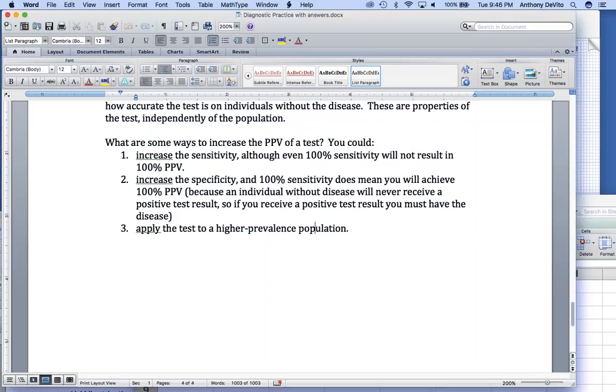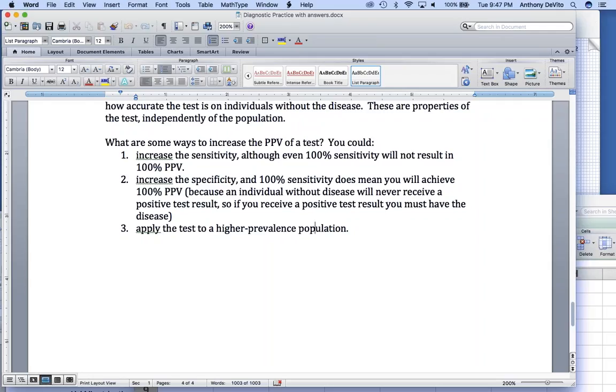Somebody take a guess? Right, the one with 10%. The one with the lower prevalence is going to give us a lower positive predictive value. Why is that? Because you're applying the same test to a population that has more people that don't have the disease.